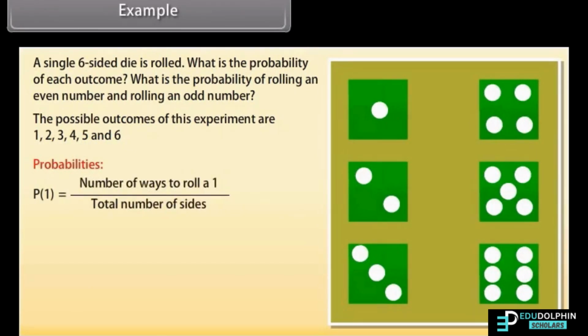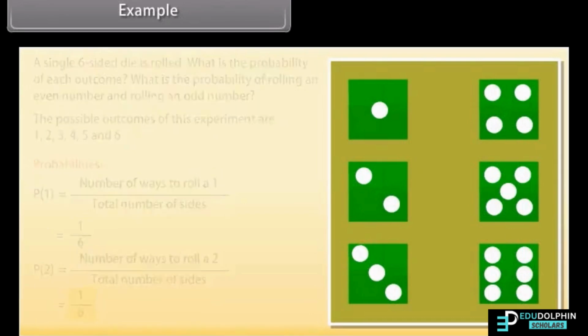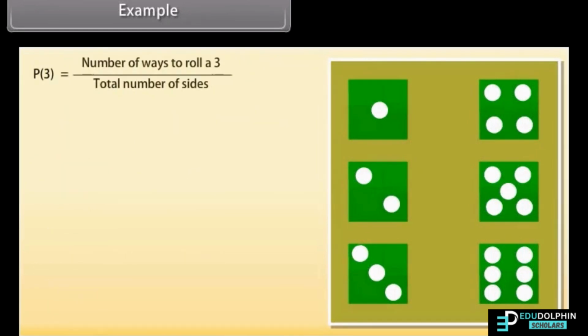Probability of 1 is number of ways to roll a 1 by total number of sides, which is equal to 1 by 6. Probability of 2 is number of ways to roll a 2 by total number of sides, which is equal to 1 by 6. Similarly, the probability of 3 is number of ways to roll a 3 by total number of sides, which is equal to 1 by 6. In the same way, we will find the probabilities of 4, 5 and 6.